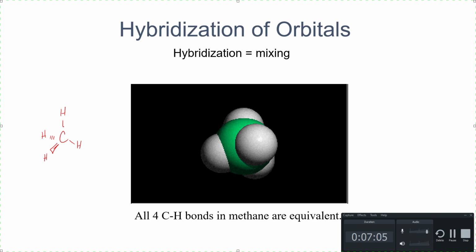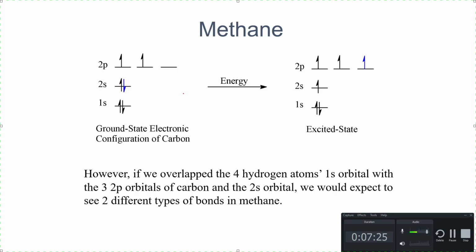And what people knew early on was that all 4 of the carbon-hydrogen bonds in methane were equivalent. So any hybridization of carbon in this case has to give that result, that all 4 CH bonds are identical to each other. The way we start with hybridization is in the ground state of carbon.